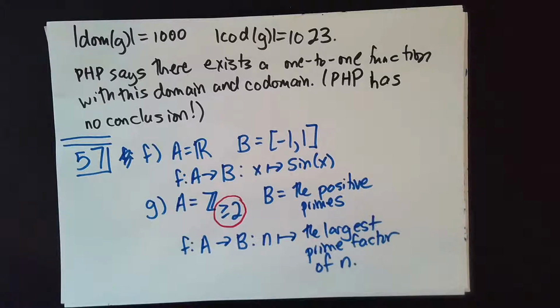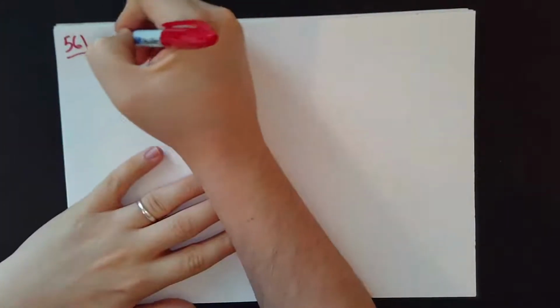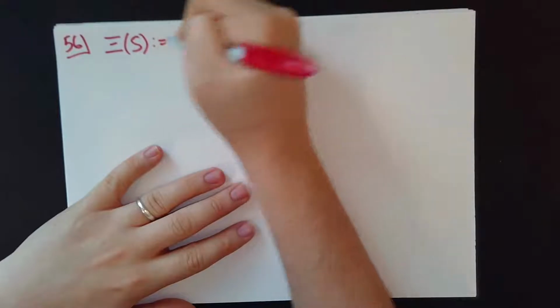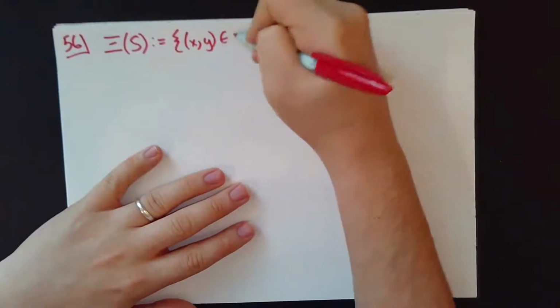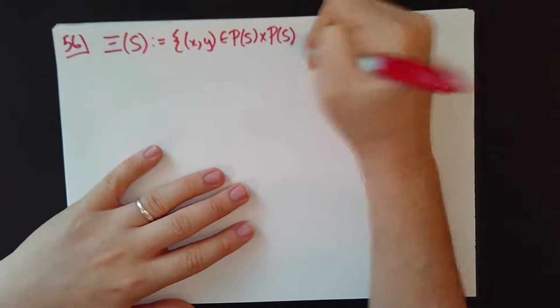Okay. There is also a request to do 56E. So I want to go back and remind you what 56 was about. 56 was all about this construction xi of S, which was defined to be the set of x, y in the power set cross the power set.